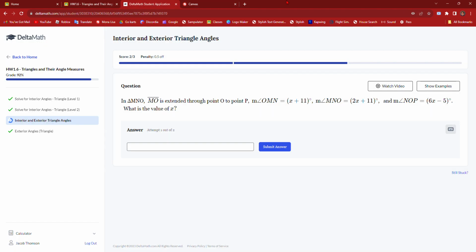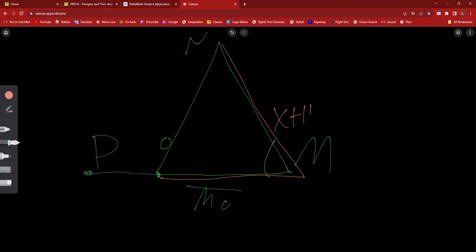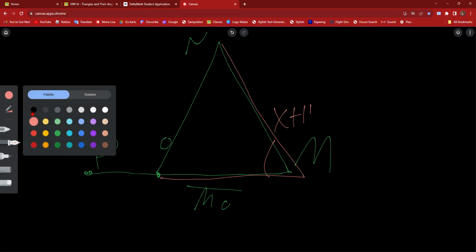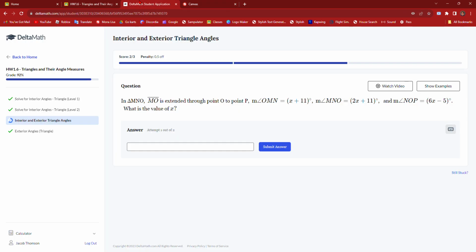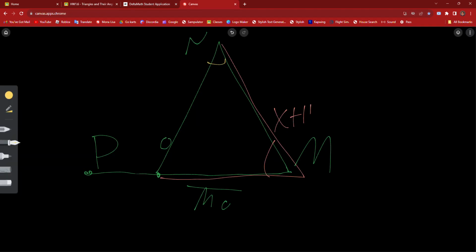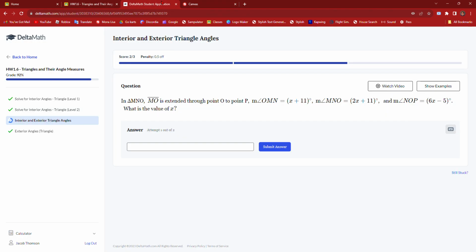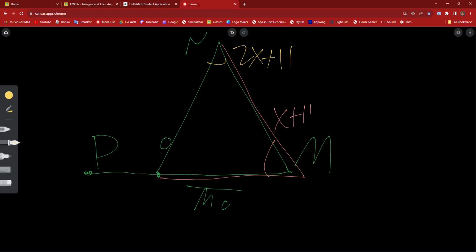What I usually always find helpful is that whatever is in the middle there, you will always just draw it there, and that's where you will always be measuring. So now we're going to get this. So MNO, 2x plus 11. Now I'm not saying you should always use this strategy. It's just what I like to use as a tool. You're obviously going to want to study how to use evidence when you go on your geometry tests. And then NOP.